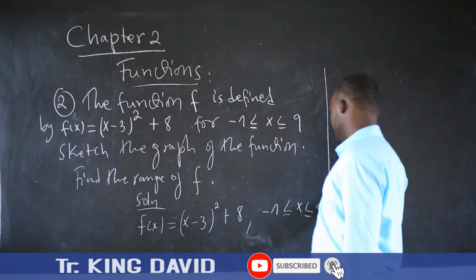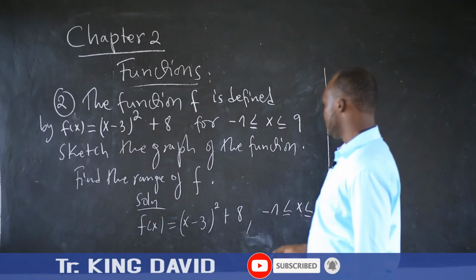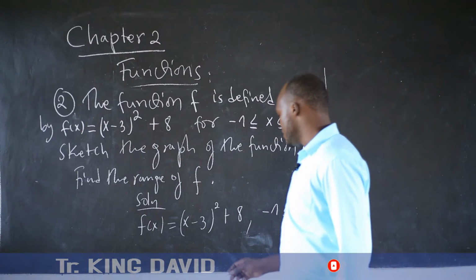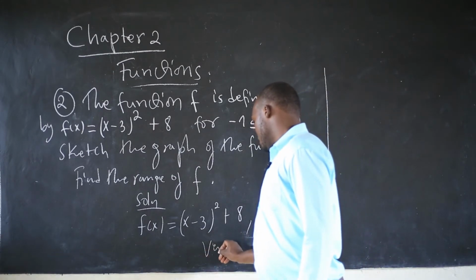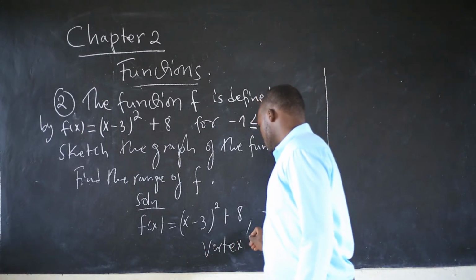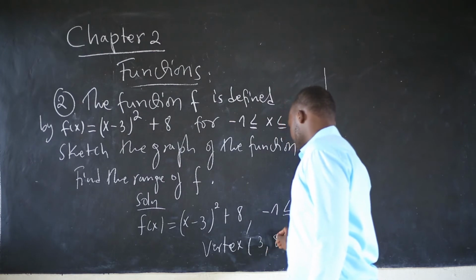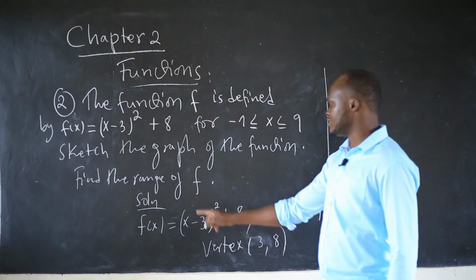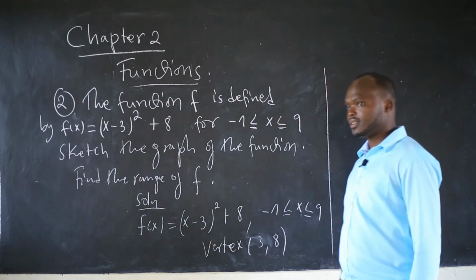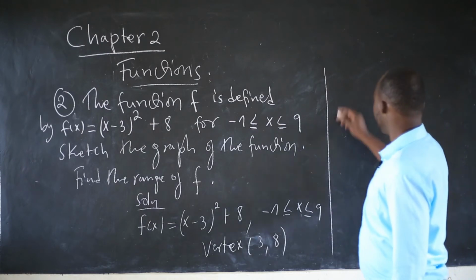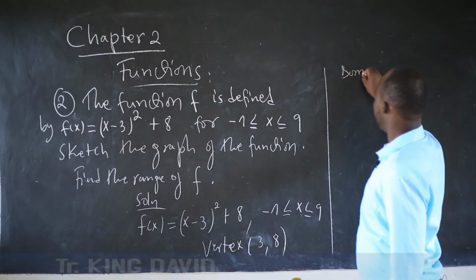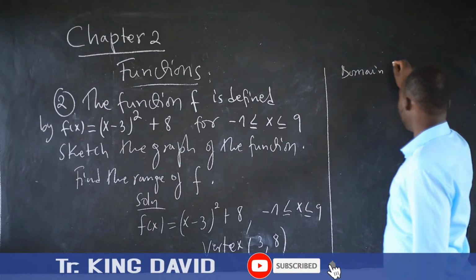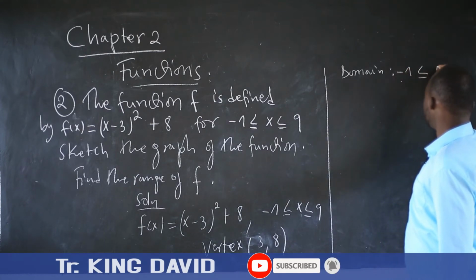So sketch the graph and find the range. Here you see the vertex will be (3, 8). That's our vertex, and this is a quadratic function.